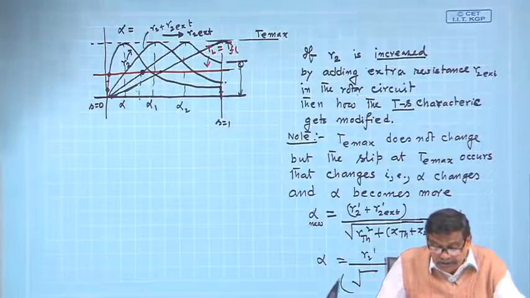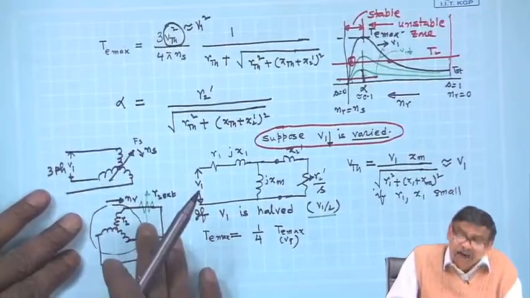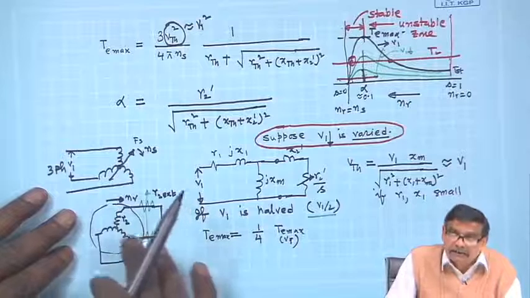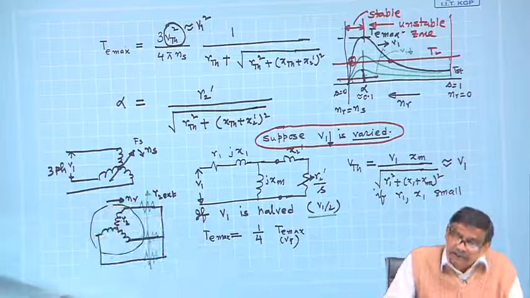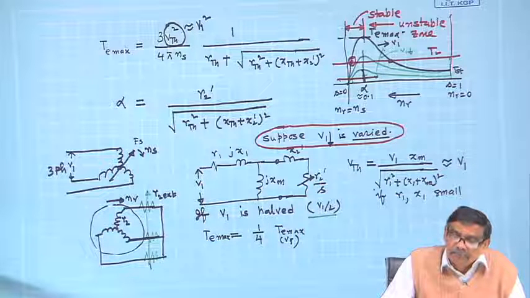Now, the big question is whether after getting that starting torque advantage, we should keep this resistance intact in the circuit.